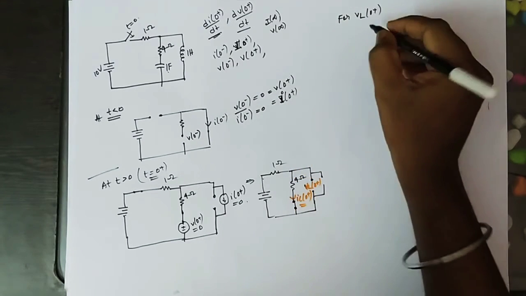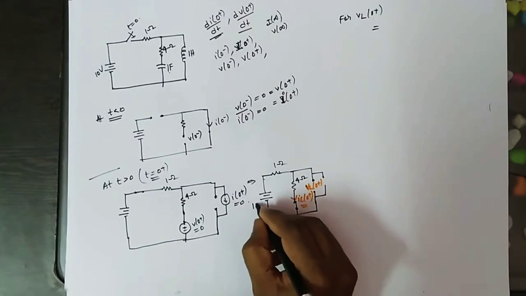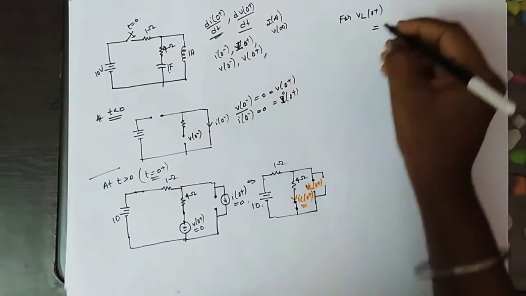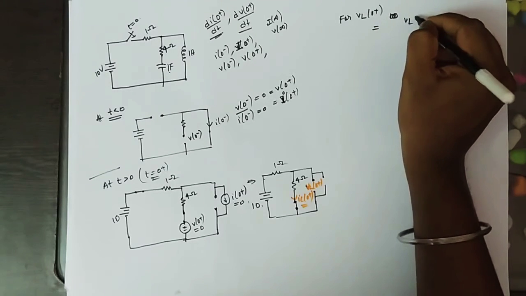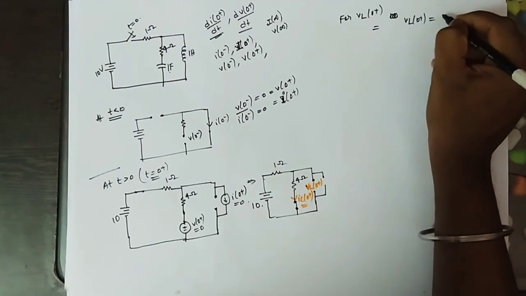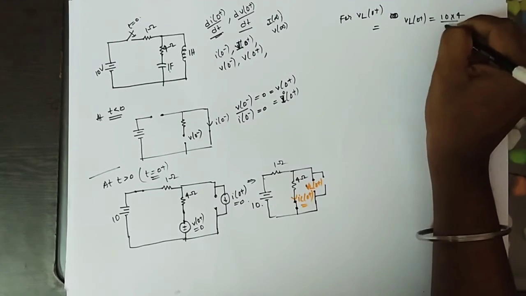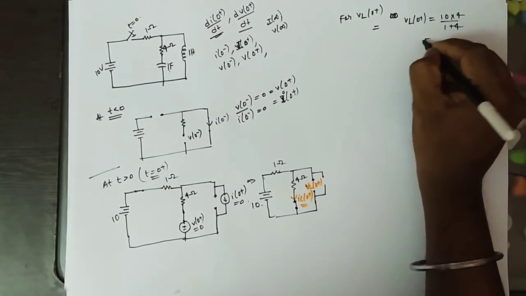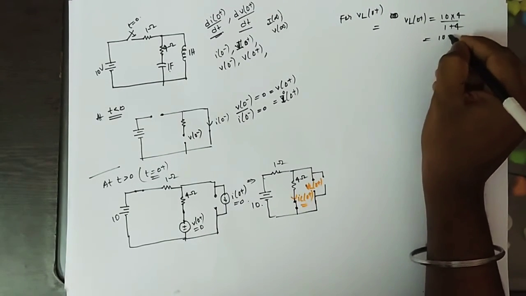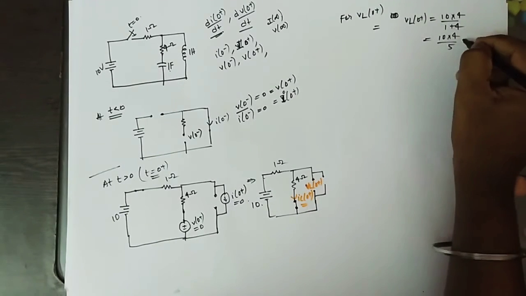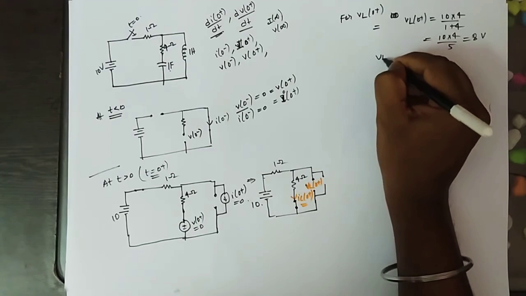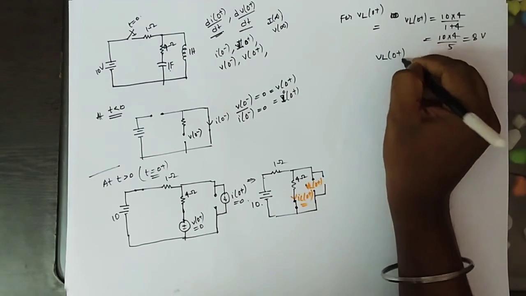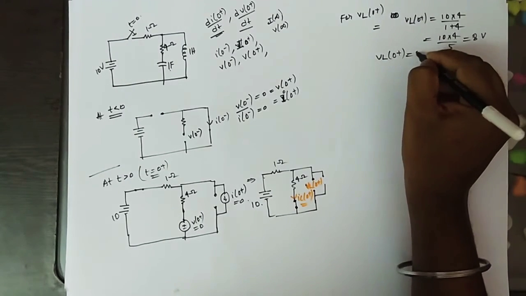By the voltage division rule we can write VL of 0 plus equal to 10 into 4 by 1 plus 4, that is 10 into 4 by 5. This becomes 8 volts. So you got VL of 0 plus equal to 8 volts.